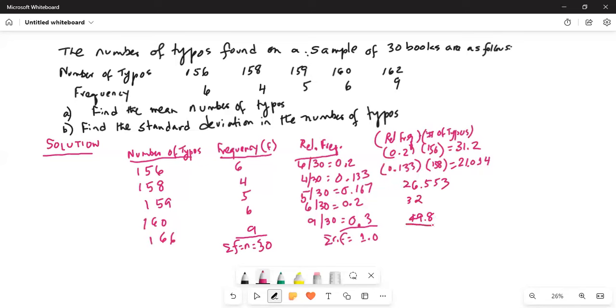So the mean, x bar, mean of typos, is equal to the sum of relative frequency, RF for short, times number of typos.